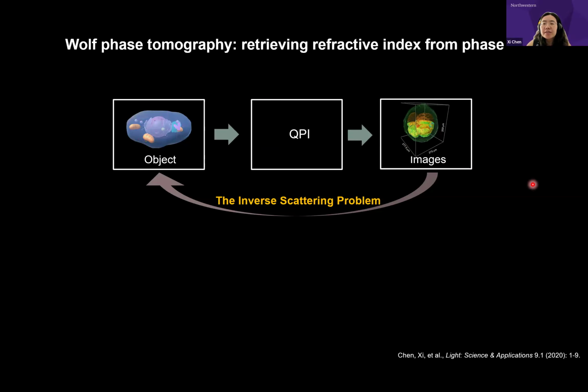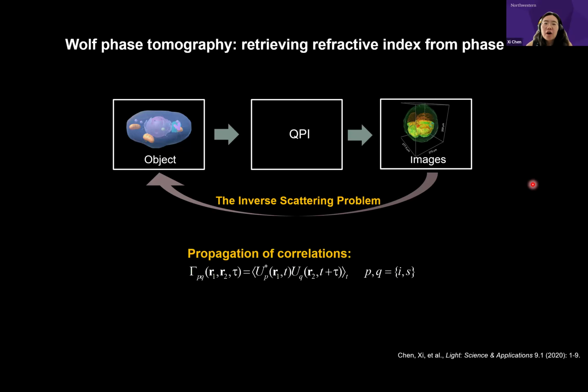For scattering-based imaging systems, the end goal is to solve the inverse scattering problem, and that is some quantity that we call the refractive index of the cells. The refractive index is an intrinsic property of the cells, like a mark on the cell that doesn't change, and we want to retrieve that information so we can really look at what the object is like.